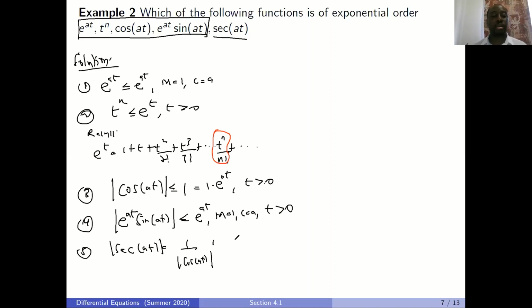And we know that this is unbounded when t is pi over 2a times n, where n is odd. Right? And so because it's unbounded at these time points, we cannot bound it above by some exponential function. And so this is not of exponential order.